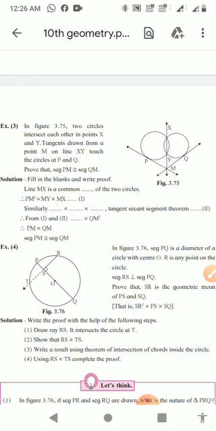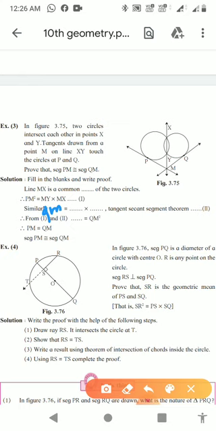As per the tangent secant segment theorem, I am going to consider the second tangent right now, that is MQ square, or we can say QM square, equals MY into MX. So at this position I have to write QM square.